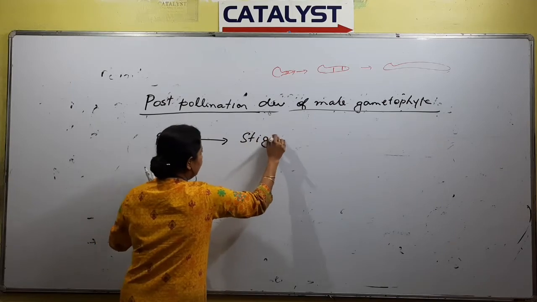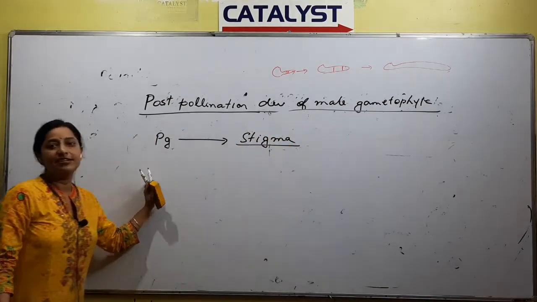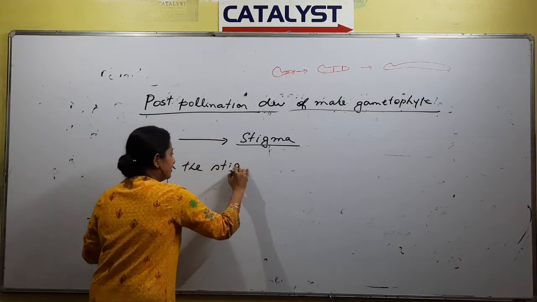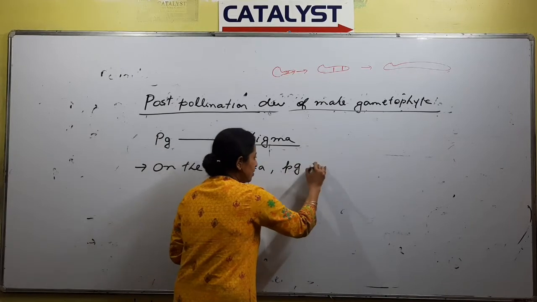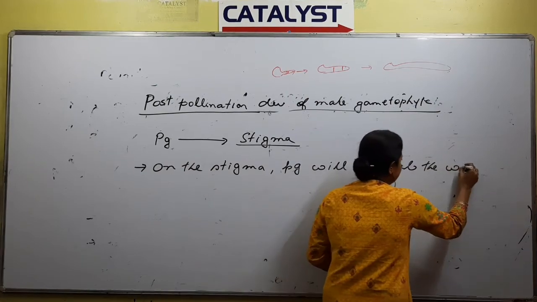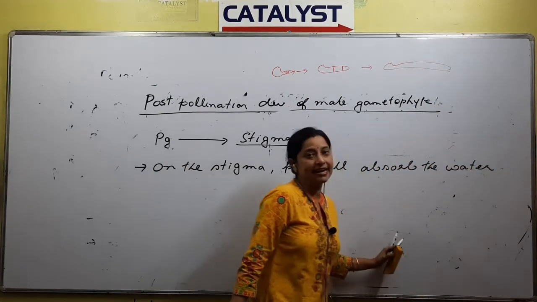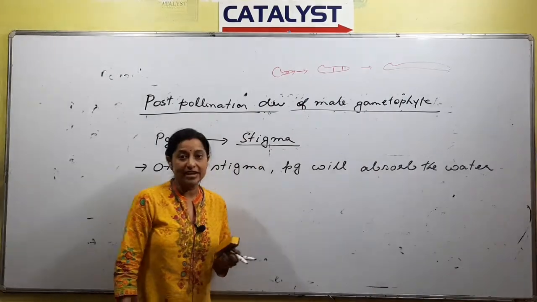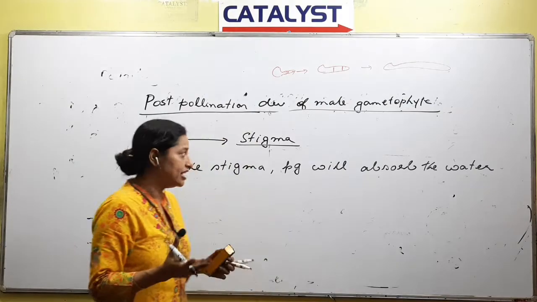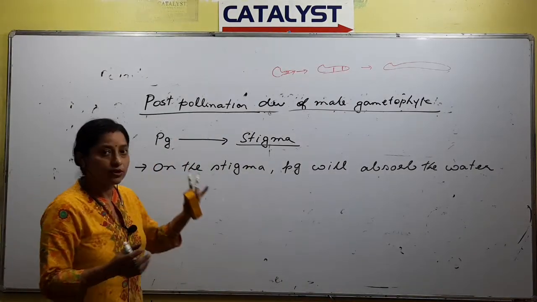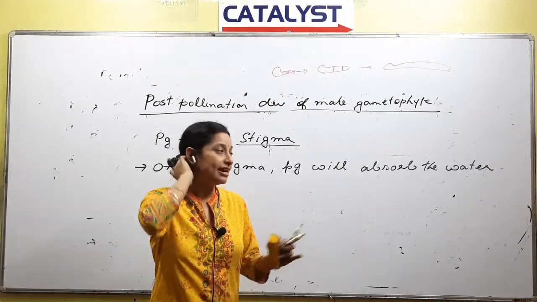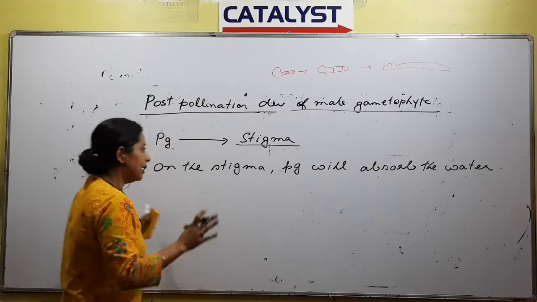Due to pollination, the pollen grains reach the stigma. On the stigma, the pollen grains will absorb the water that is present. The stigma has water, right? And one thing we know about germination is that it is always water related. Water is needed for germination. So for the pollen grain to germinate and develop a pollen tube after pollination, water is needed, and the stigma provides it.